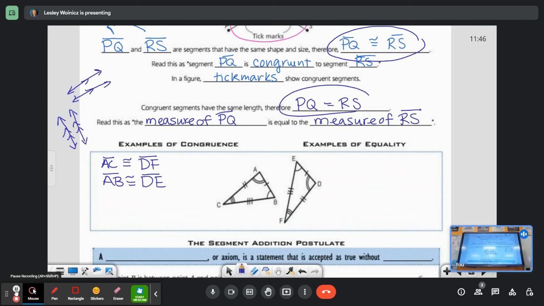It's going to be the same thing for the angles. If I have angle A, which one has two arcs? D has two arcs like angle A, so I can mark angle A and angle D congruent. These are just some examples.